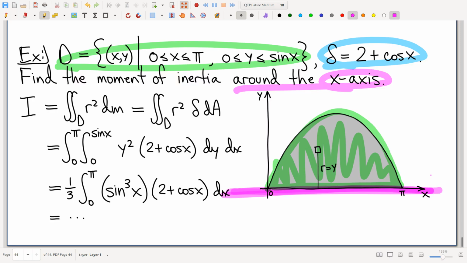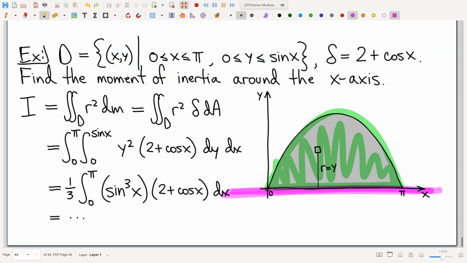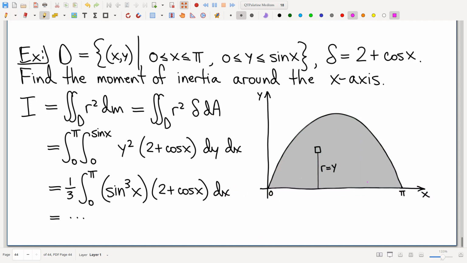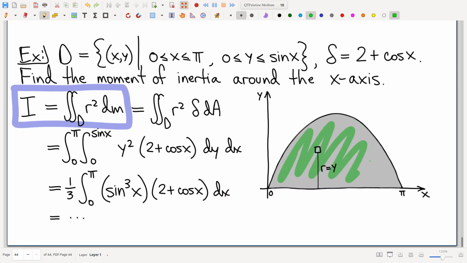All right, so how do we add this up? Well, we're going to use our usual formula. The moment of inertia is the integral of r squared dm. This is a two-dimensional region, so it's a double integral. We add up over the region where the mass is. Let's think about the dm.